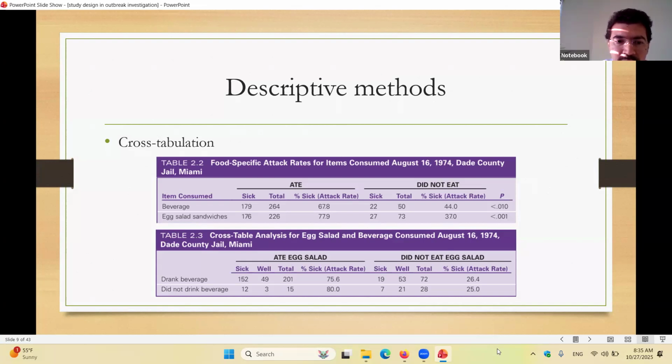And the next cross-tabulation is used for this aim. In the next cross table, we have two columns, ate egg salad and did not eat egg salad.